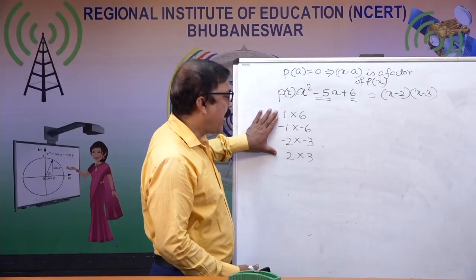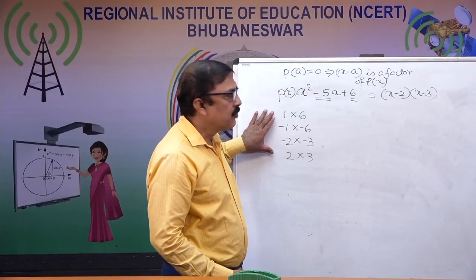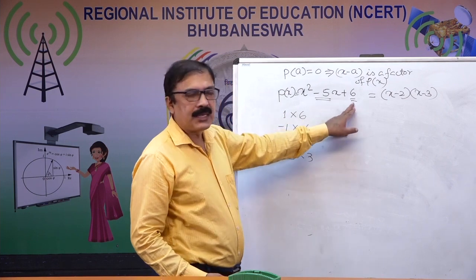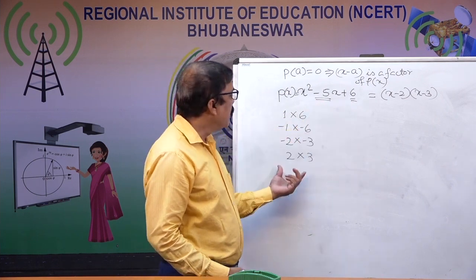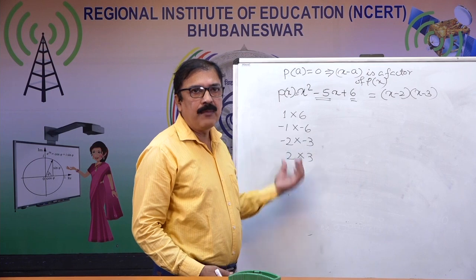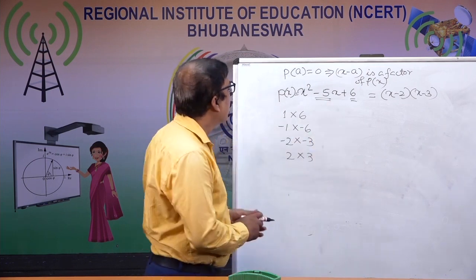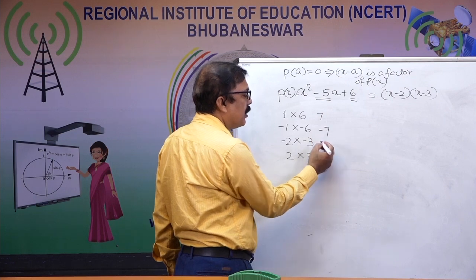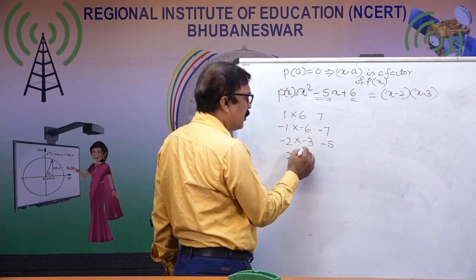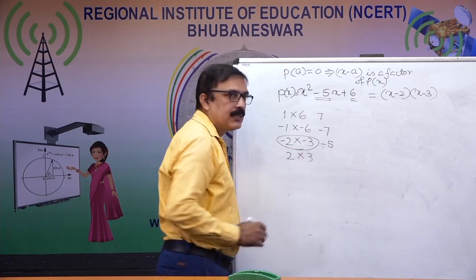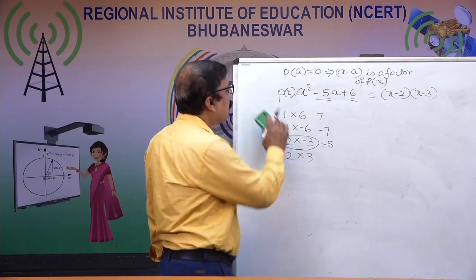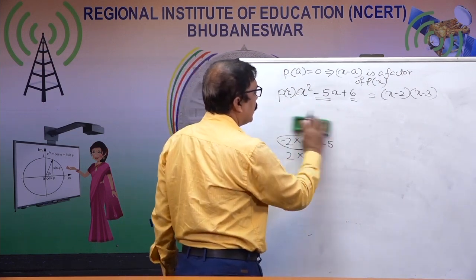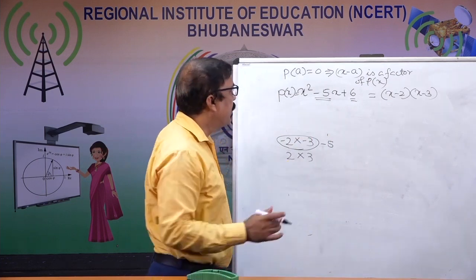So we have 4 pairs of products which result in 6. Now, in which pair is the sum minus 5? Here the sum is 7, here the sum is minus 7, here the sum is minus 5. So our choice is this one. We will start with this one for the middle term splitting.